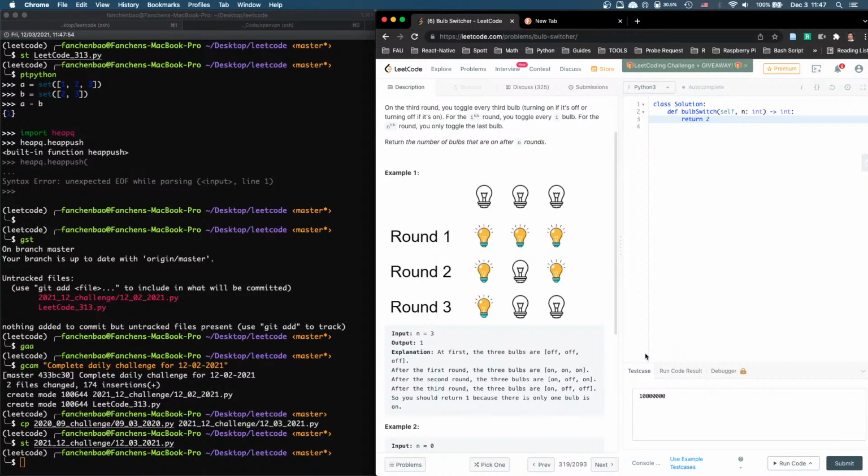1, 2, 3, 4, 5, right? So 0 is going to be 0, 1 is 1, 2 is 1. 3 is 1. 4 is 2. 5 is 2. 6 is 2. 7 is 2. 8.